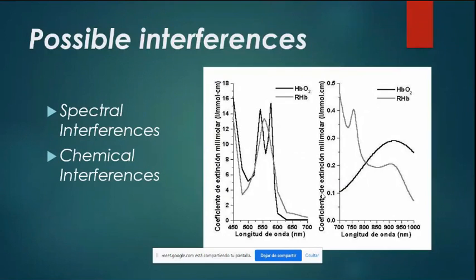Spectral differences. They are produced when the absorption of an interference species overlaps or approximates the absorption of the analyte, which results in an impossible resolution by the monochromator.